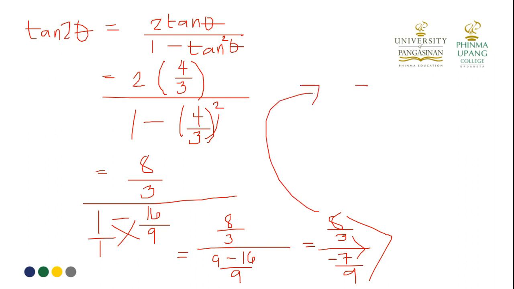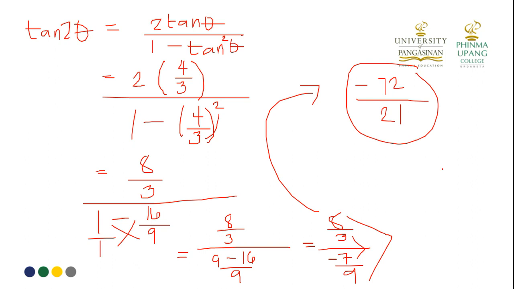So our outside here is 8 times 9 is 72. And of course, 3 times 7 is 21. And sir, bakit po yung negative nasa numerator na, negative 72? Tandaan, bawal po nagkaroon ng negative sa ating denominator. And negative 72 all over 21 is our final answer when it comes to tan 2 theta.